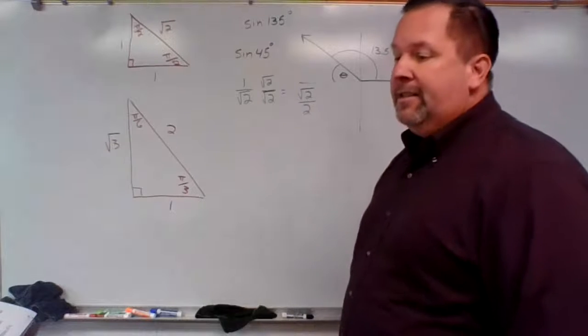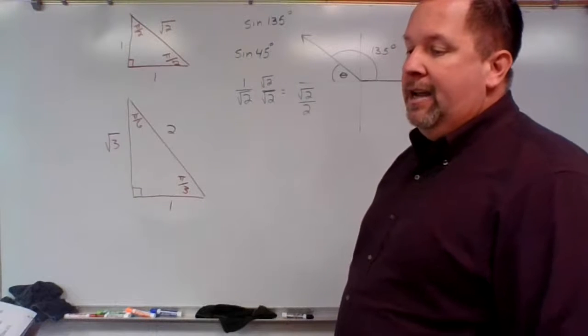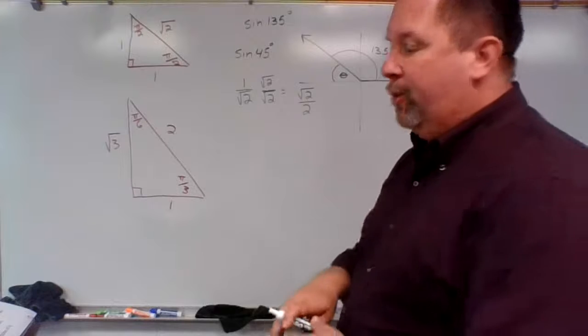Next one that they give us, find the cosine of 4 pi over 3.